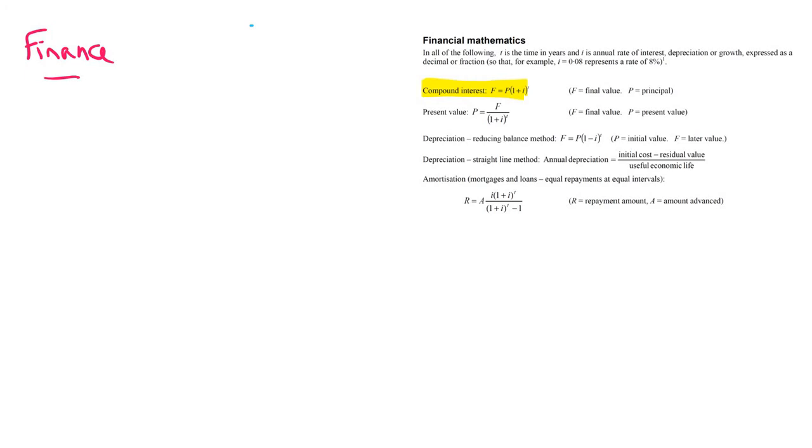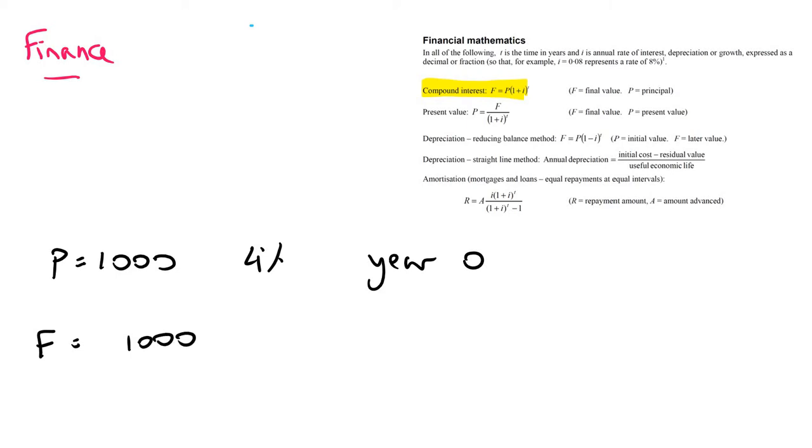So at the start, you might have a starting value of €1,000 saved in the bank, and the bank might give you an interest rate of 4%. Well, if you've left that €1,000 in the bank for 1 year, at the end of that year, so this will be year 0, at the end of that year, the new final amount for that amount of money will be the 1,000 times 4%, which is just 4 over 100, plus the original amount.